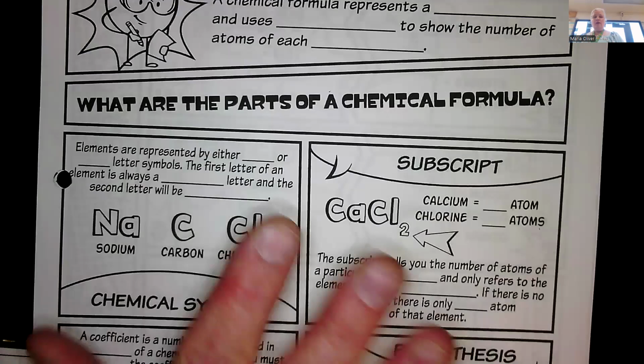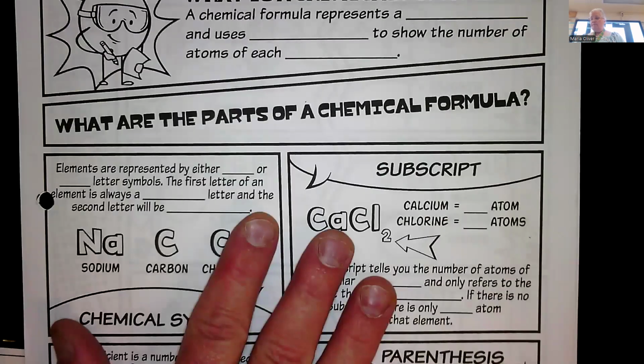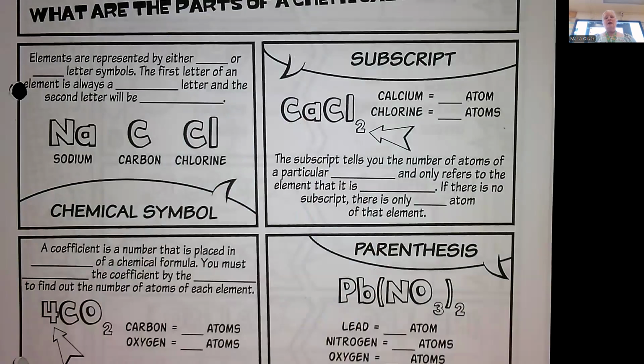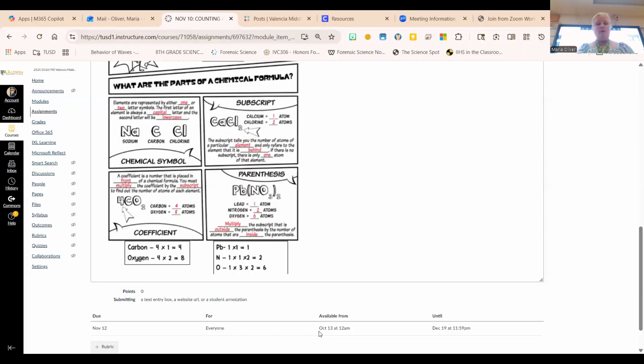Alrighty, so you should have copied down your doodle notes about counting atoms. You're going to notice that my doodle notes had an additional piece to it on the bottom, which I hope that you copied down as well, where I took each of the elements and I worked them out to show you what the coefficient does, as well as what parentheses do.